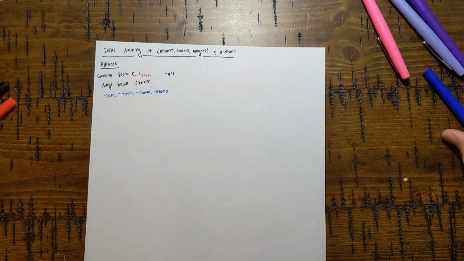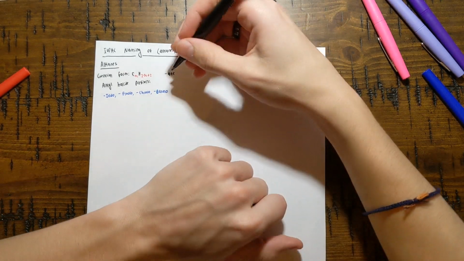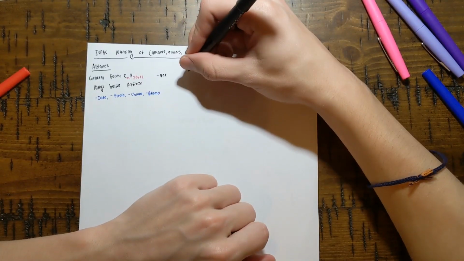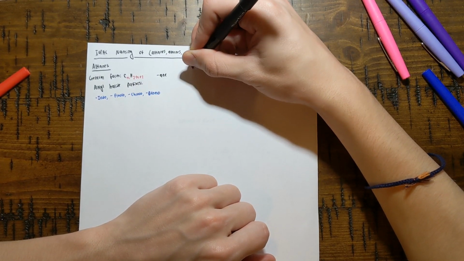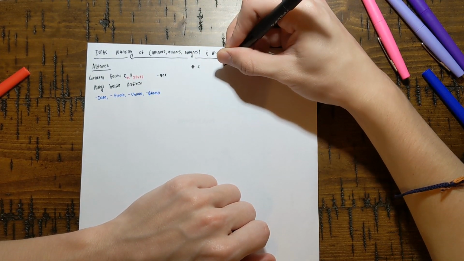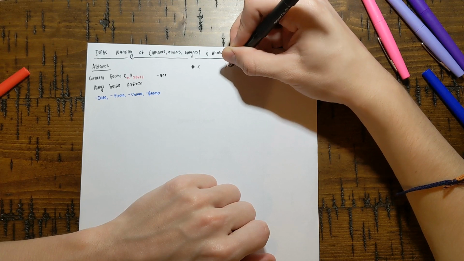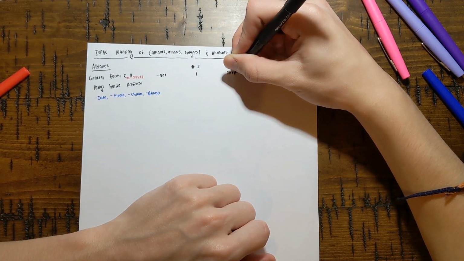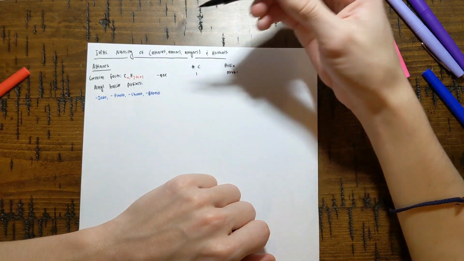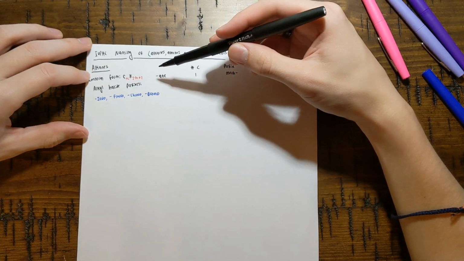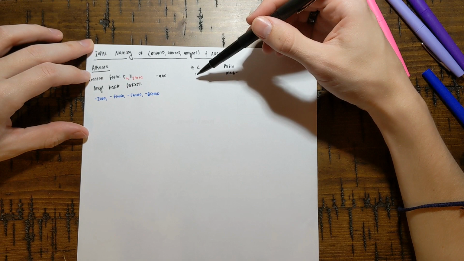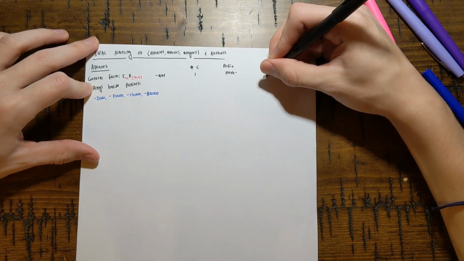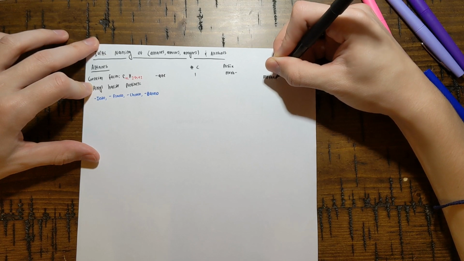So for naming alkanes, the prefix is going to depend on the number of carbons that you have. So if I have one carbon, my prefix is meth. If I have an alkane with only one carbon and no other substituents, then what I'm going to have is methane, right?